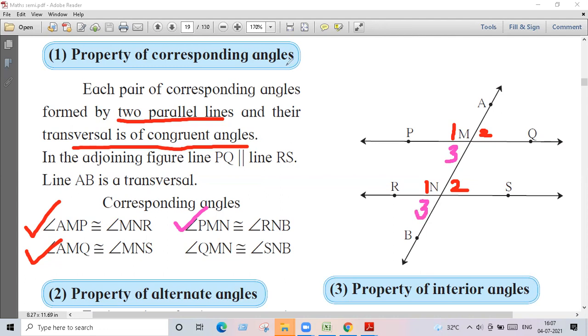And the fourth pair here is QMN and SNB. So these are the four pairs of congruent angles, and they are called corresponding angles, where this line PQ and line RS are parallel.